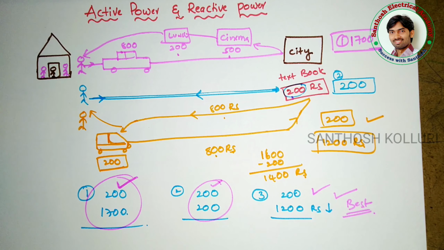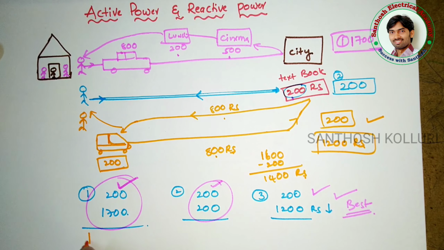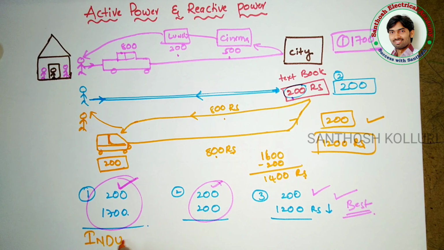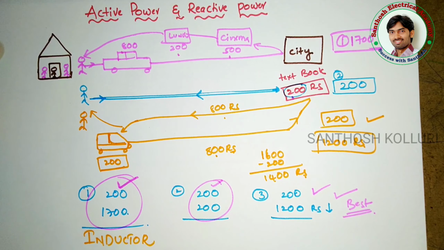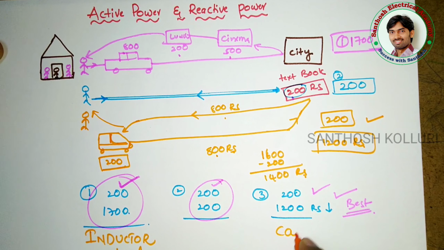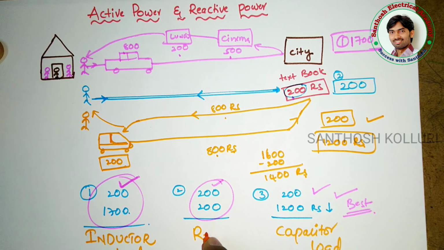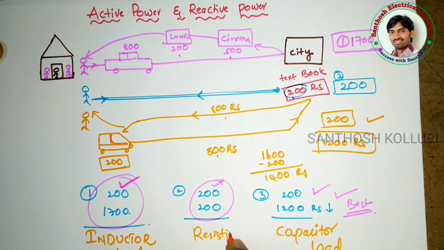If you map these three situations, the first is our inductor or inductive loads, the second is the capacitor or capacitive loads, and this is the resistor or resistive loads.